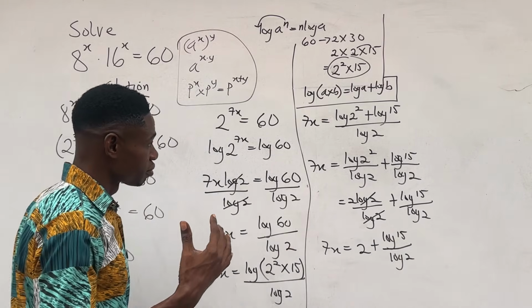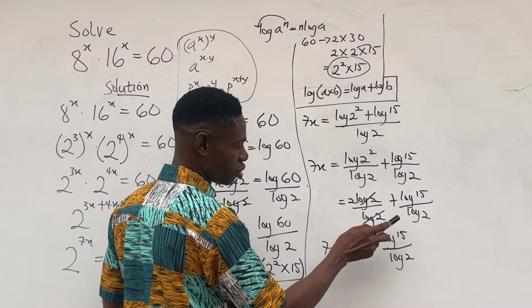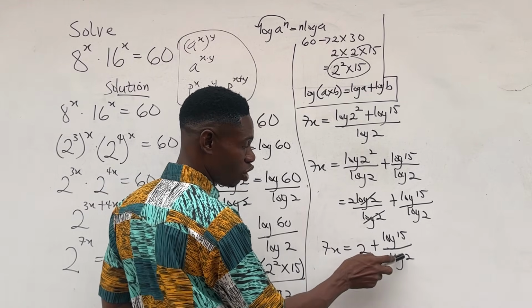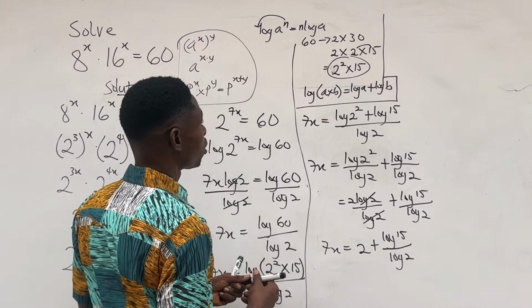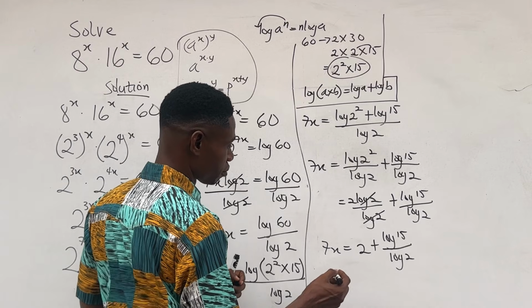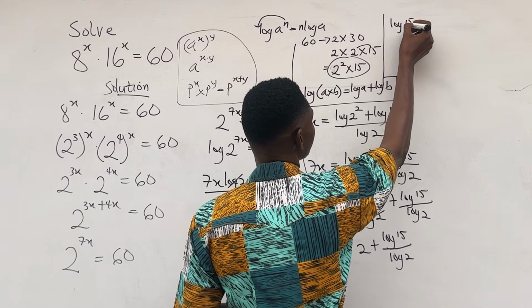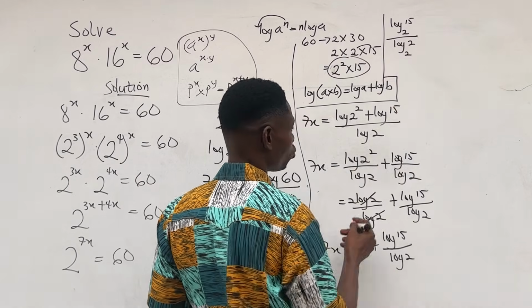So what I'm trying to say is that if we make both logs, the numerator log now to base 2 and the denominator log to base 2, we are going to have log 15 base 2 divided by log 2 base 2.